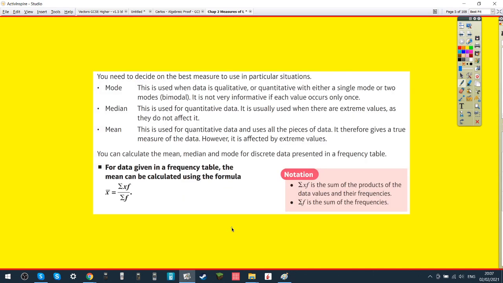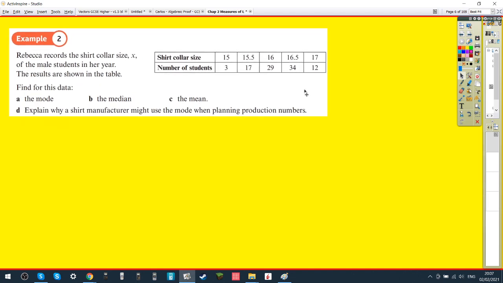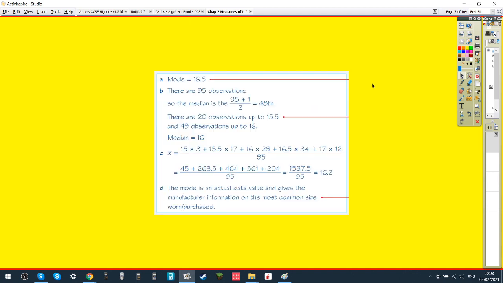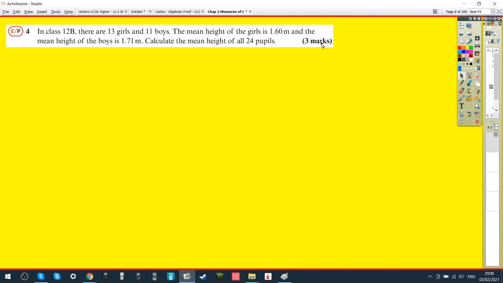Okay, let's see. So this one is for grouped data. We'll see if we can make sense of it. Hang on, before we do this, let's see something.